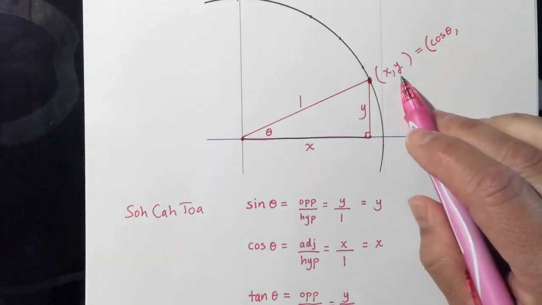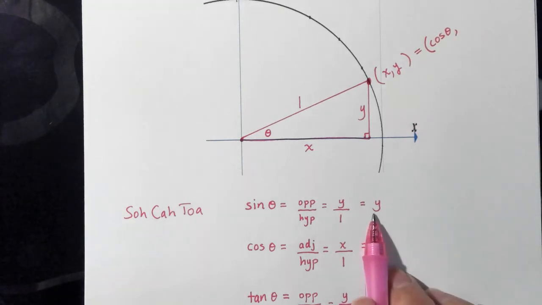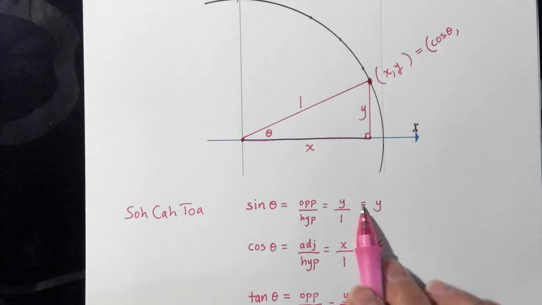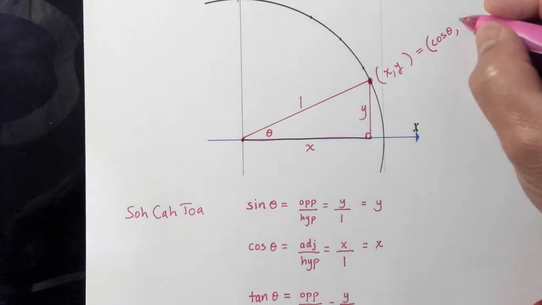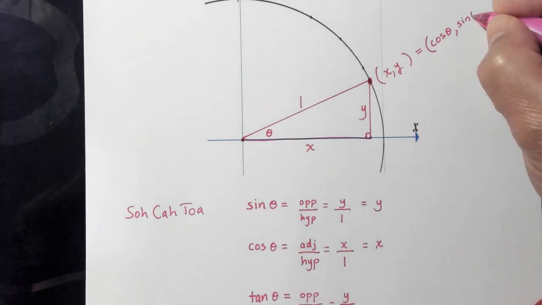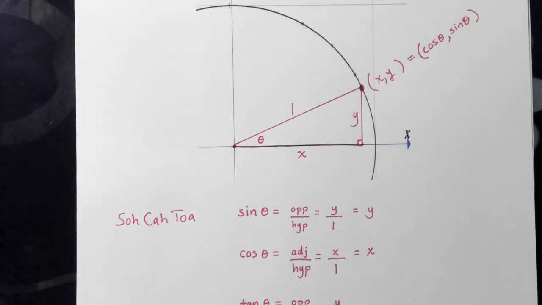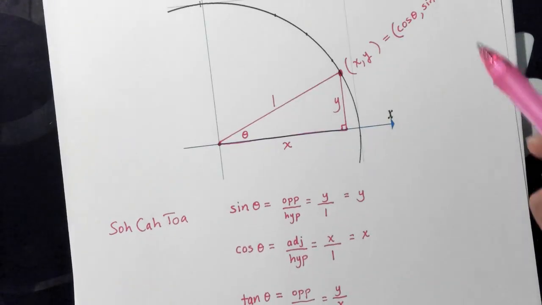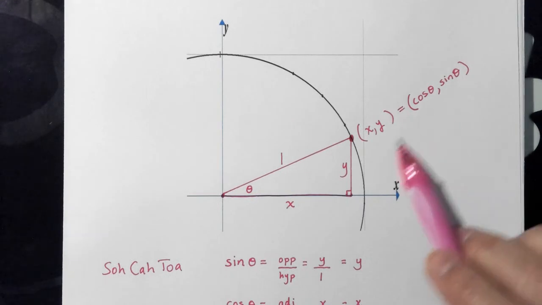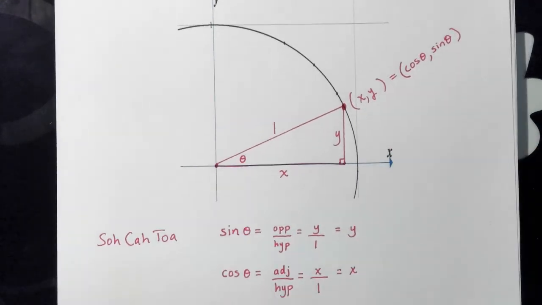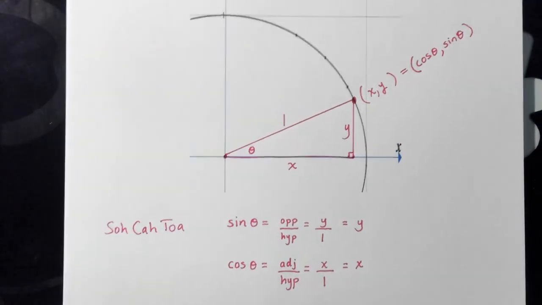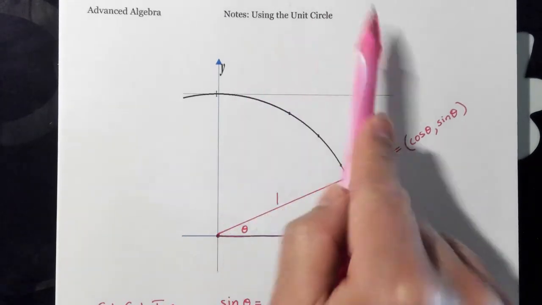And I can replace the y with anything that y is equal to. Y is equal to sine of theta. Bam! Doesn't seem like much, but this is literally the key to understanding how to use the unit circle.